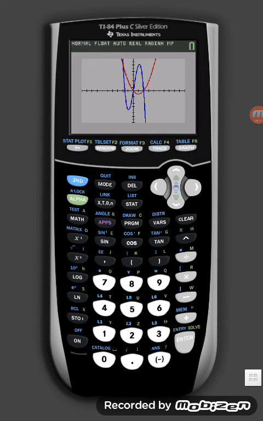What I want you to pay attention to right now is, assuming this is -2 to 0, who is on the top? My y2 is on the top, and my y1 is at the bottom. Remember that we are finding the area bounded, so it has to be the top minus the bottom.